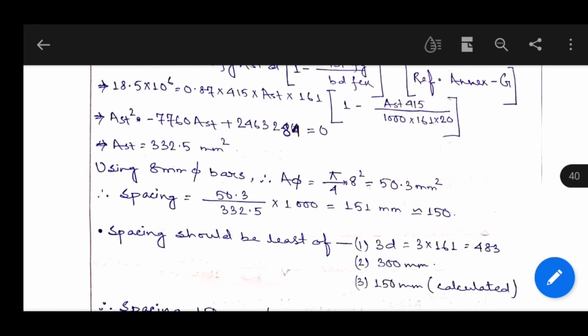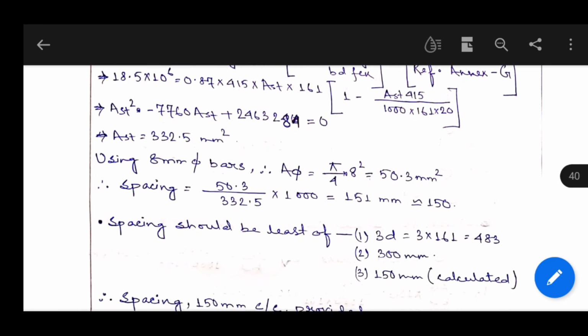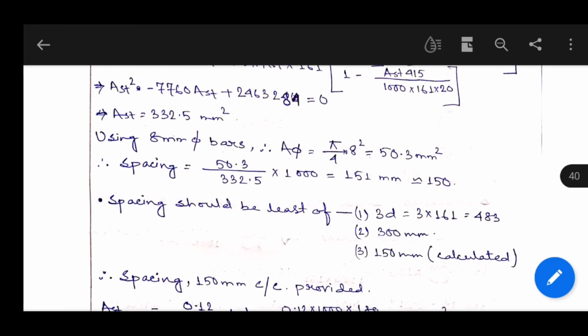As per the clause, spacing should be the least of 3 into depth, 3d, that is 3 into 161, that is 483, or 300 mm, or what we have calculated, that is 150 mm. Among these three the least value is 150 mm, so spacing of 150 mm center to center will be provided.